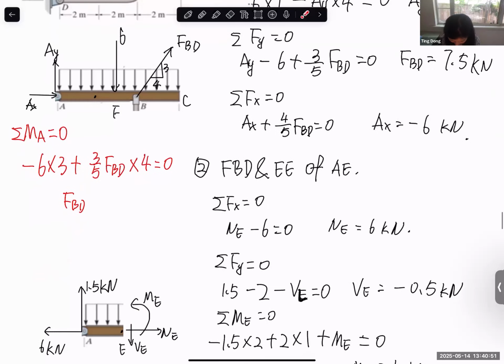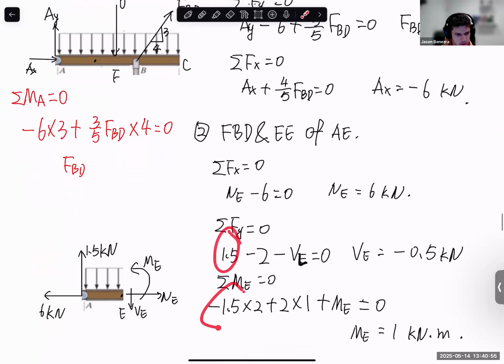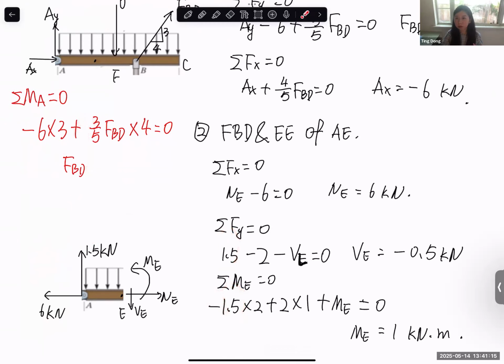But this is the moment about E. A moment that is counterclockwise you put a positive sign, and clockwise you put a negative sign, because in global coordinates this is X, this is Y, and this is the positive rotation. This is the sign for the moment. It's not a sign for the Y direction. Makes sense? Okay, thanks. Any other question?